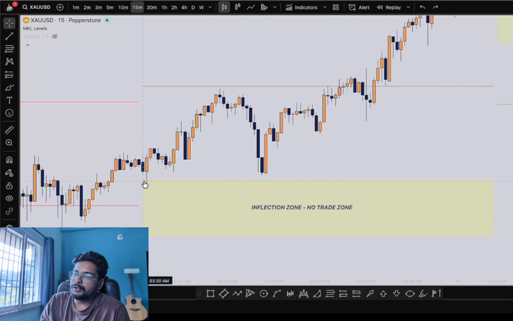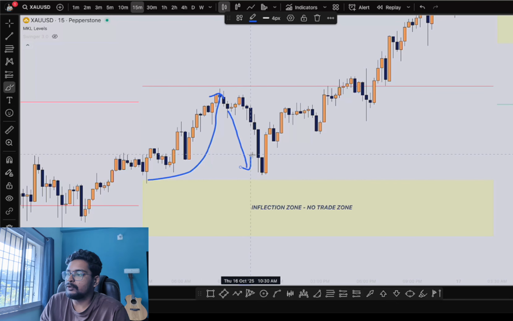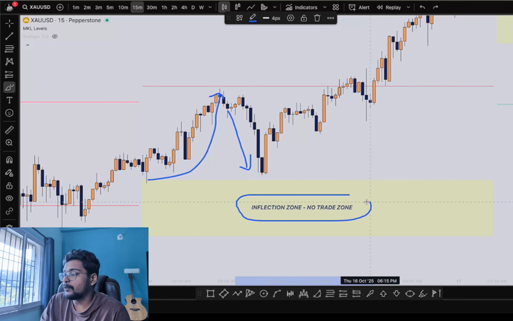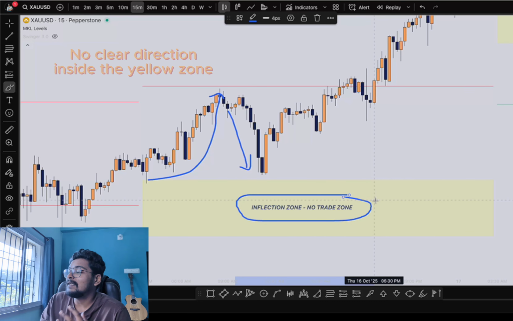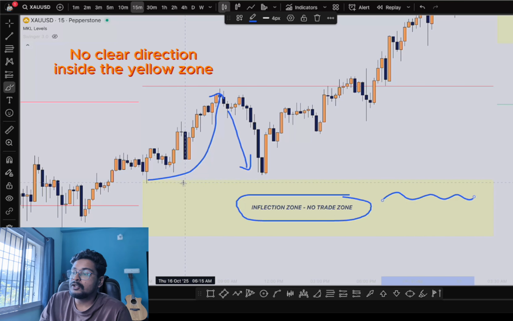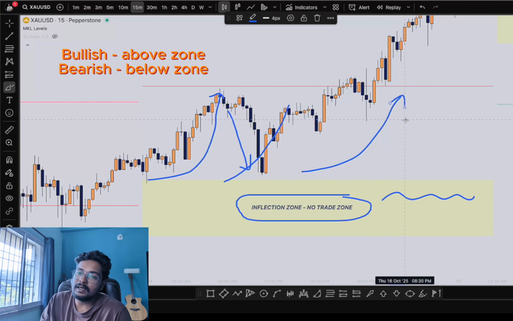So as you can see over here, markets opened at this region, right? And they went up, hit the resistance zone, came back to the yellow zone again, right? So as explained earlier, this yellow zone is going to be very important for us because there is no clear direction inside this yellow zone. Right? So whenever the markets are above the yellow zone, it means that bulls are in force.